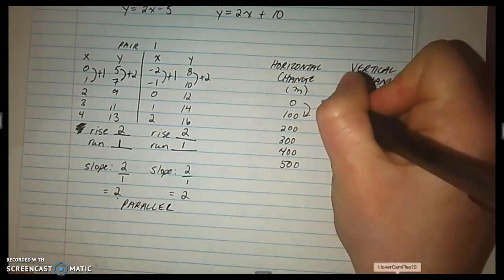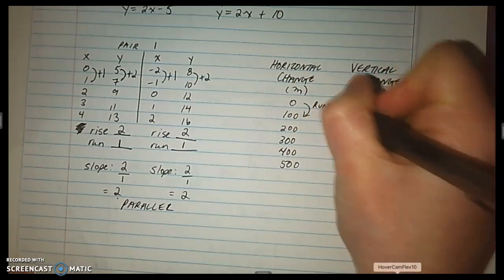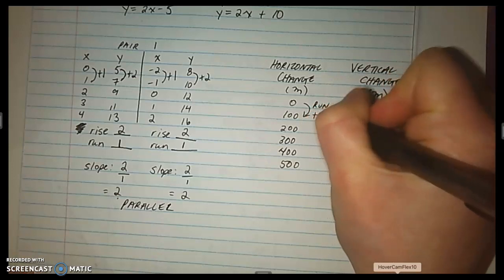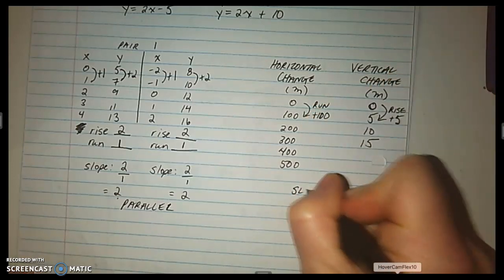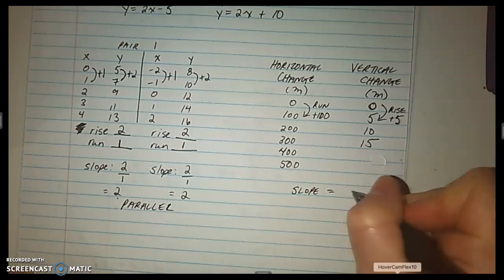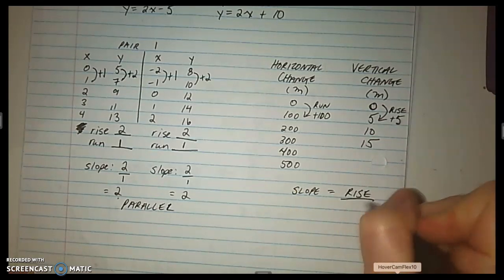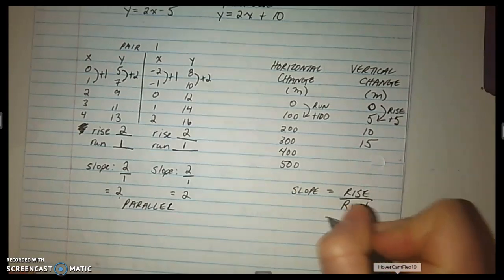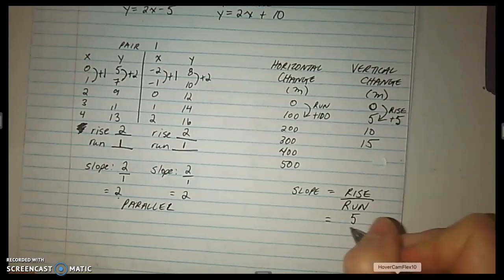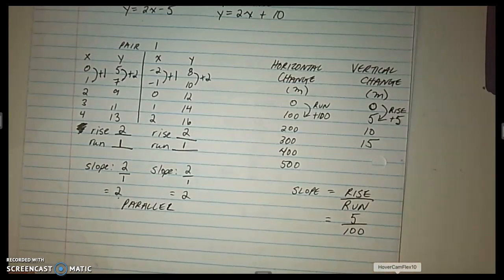My horizontal change is my run, and I went 100. So then my slope is rise divided by run, which in this case is 5 over 100. Or if I wanted to write it as a decimal, I could pull out my calculator, I would get 0.05.